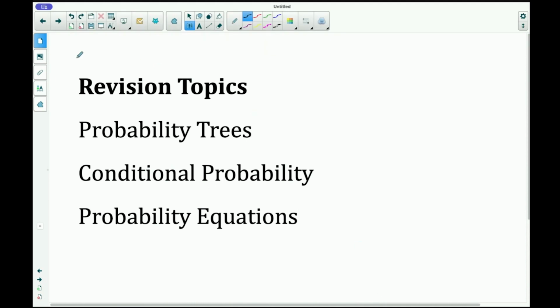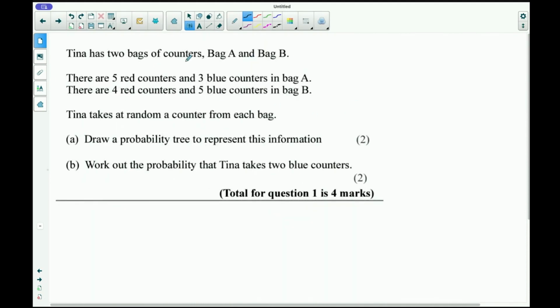So starting off with our first example with probability trees, I'll let you take a look at this question and maybe get a head start here. We've got our friend Tina. She has 2 bags of counters, bag A and bag B. There are 5 red counters and 3 blue counters in bag A, and there are 4 red counters and 5 blue counters in bag B. Tina takes a random counter from each bag.